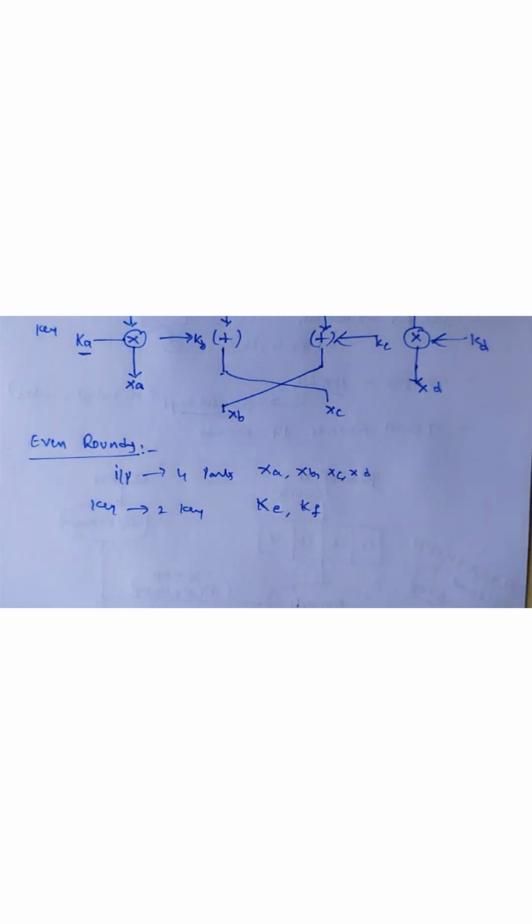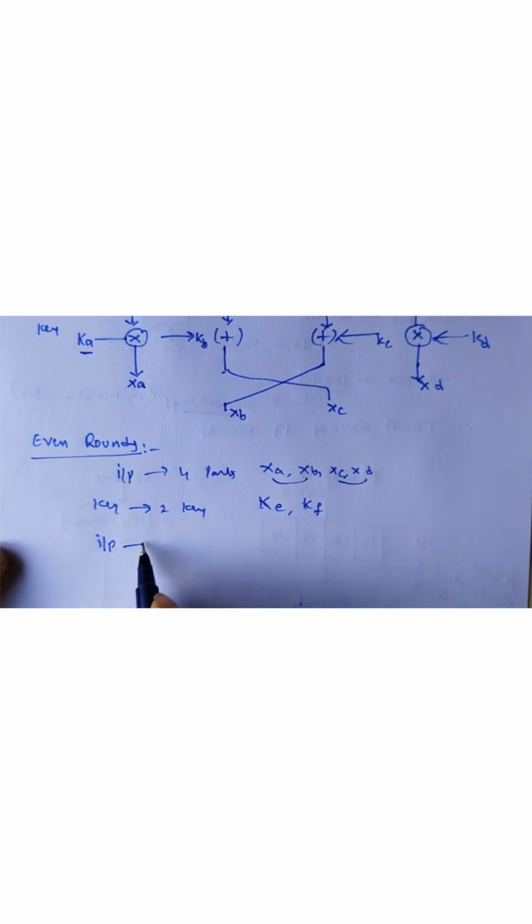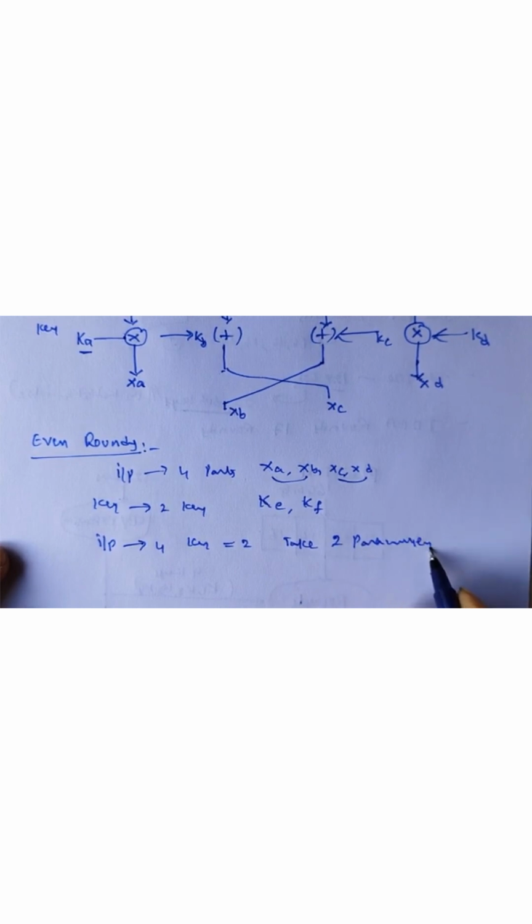Here, the total is four parts of input and two keys. So we need to combine the inputs into two inputs. So we have to add these two and these two. The inputs are 4 and the keys are 2; consider them as two parameters.